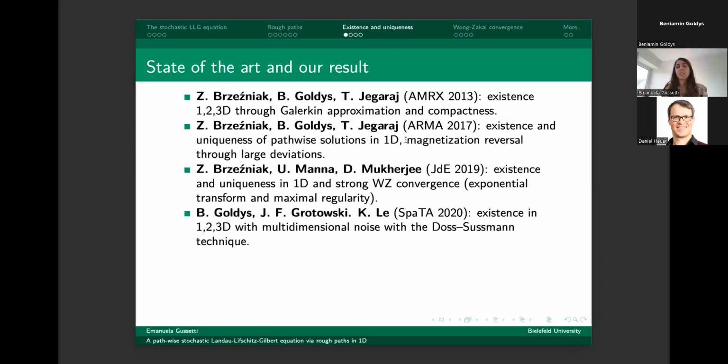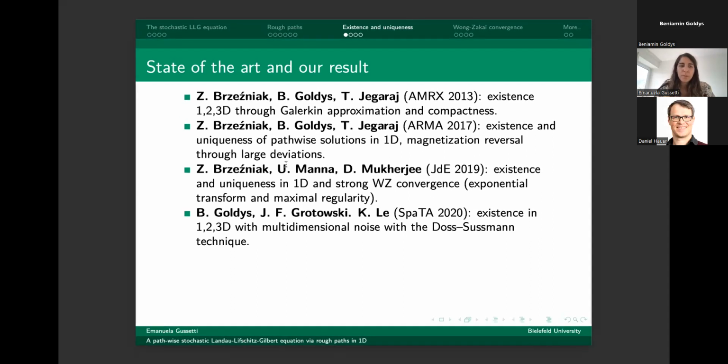But when one is adding a noise, the trajectory that in the deterministic setting would collapse in one of the 2 points undergoes magnetization reversal. That means that it can spin from one pole to the other. So the addition of noise is somehow determining this behavior, and this is done also through establishing the large deviation principle.